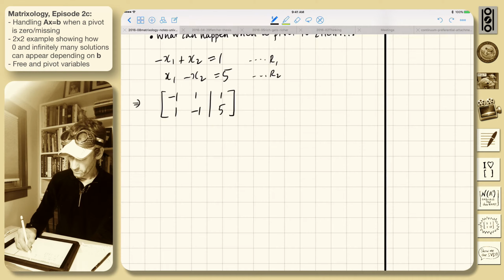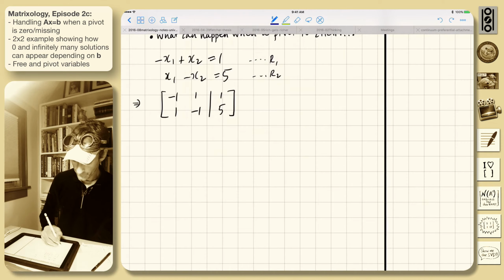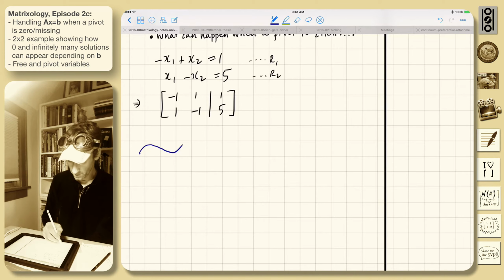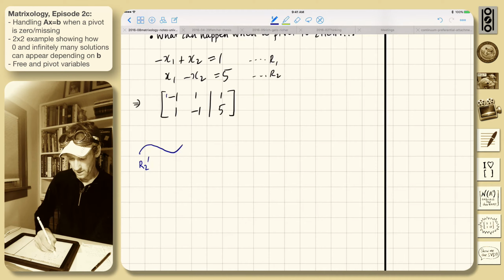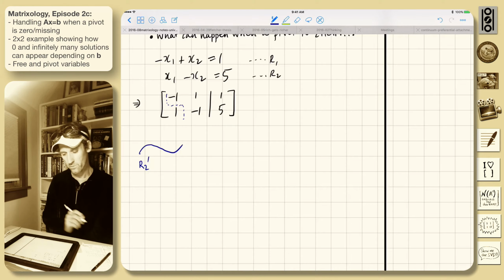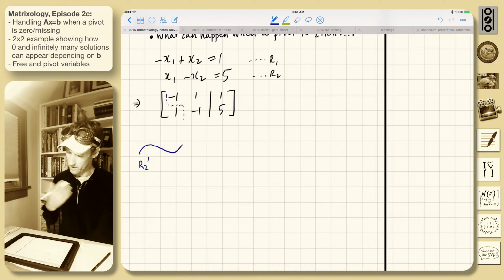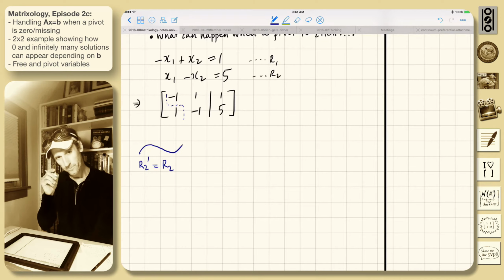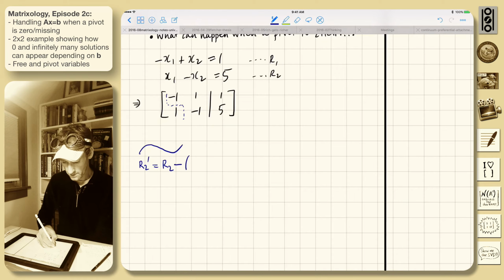So we do the right thing, with a nice tilde, a little bit of flourish there. Row 2 prime, so we're trying to introduce a 0 here. We're trying to make a little upper triangular matrix. It's 2x2, there's only one entry to mess with. The new row 2 is the old one minus something times row 1, because we're working on column 1.